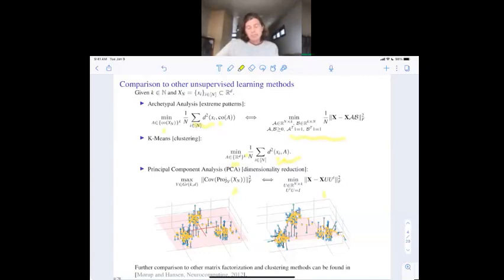The geometric formulation is I try to find the k-dimensional subspace so that when I look at the projection of the data onto that subspace, say V, I look at those projected points and I measure the covariance, and I try to find the subspace to maximize the Frobenius norm of the covariance.